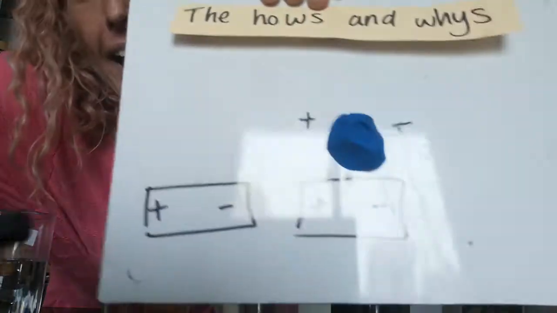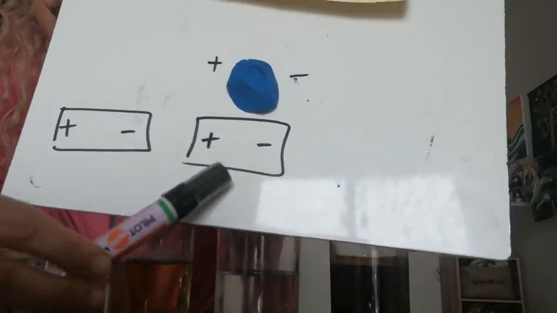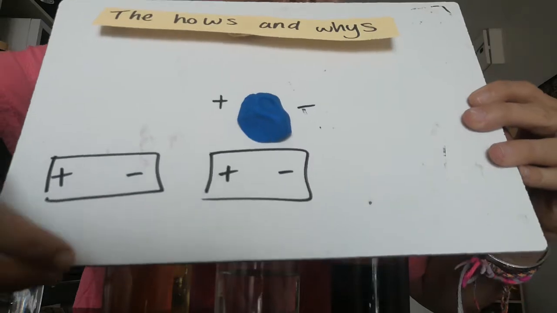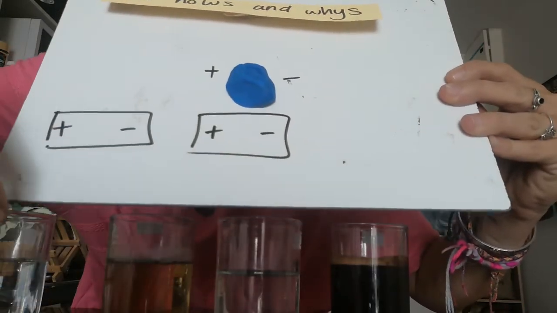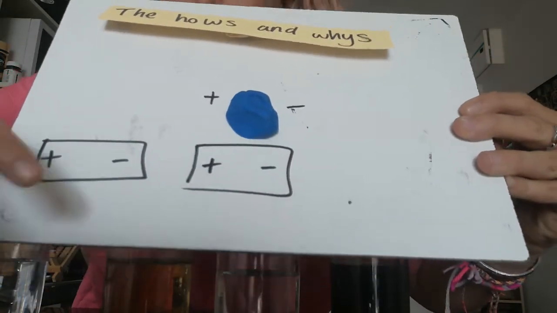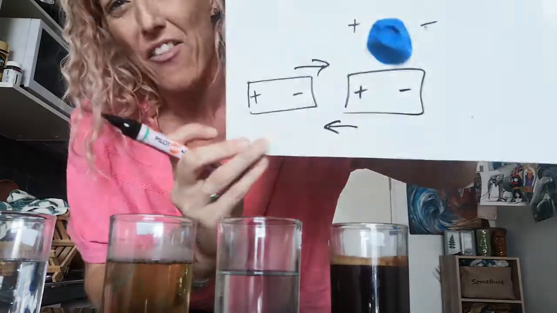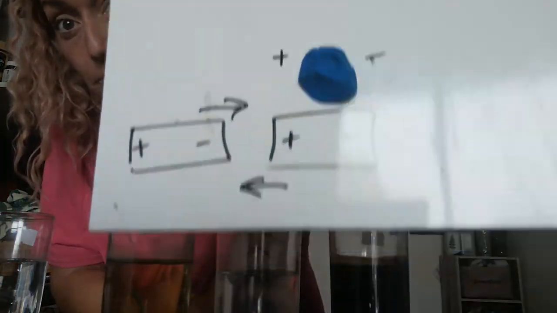So can you see there? Positive, negative, positive, negative. Now, if you put two things together that are different, so if you put a positive end next to a negative end, it will join together. Okay? And they'll be sucked in together because they attract.